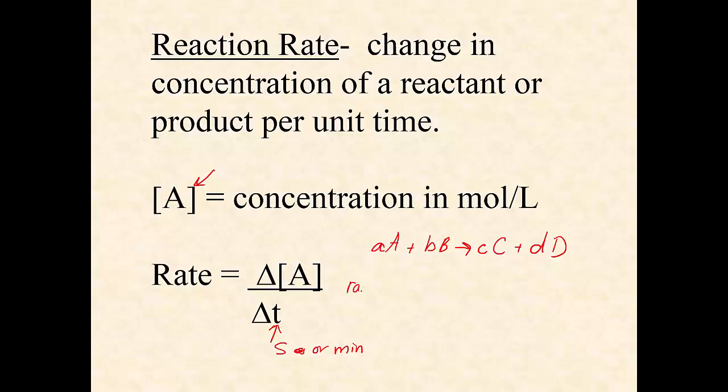Well, my rate is going to be equal to 1 over a, change in concentration of A. I'm really bad at forgetting my change. Remember this, delta means change. So if I forget, you still put it in. So it's the change in concentration of A over the change in time.